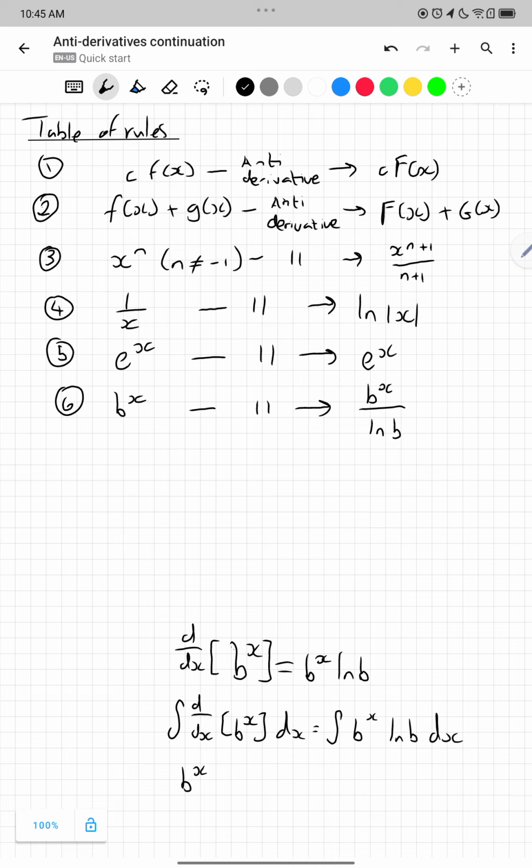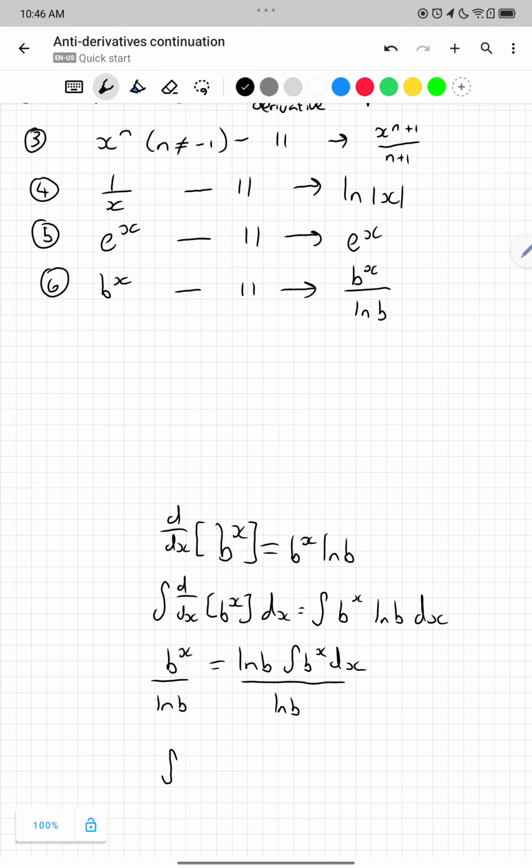So we have b to the x, ln b is not in terms of x, and then we have dx divided by ln b, and this will be equal to this.